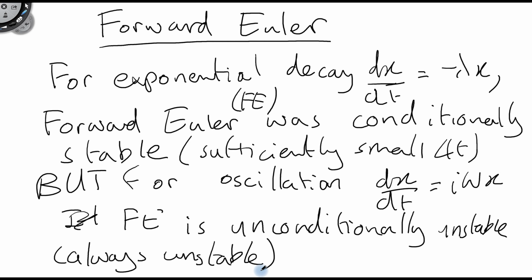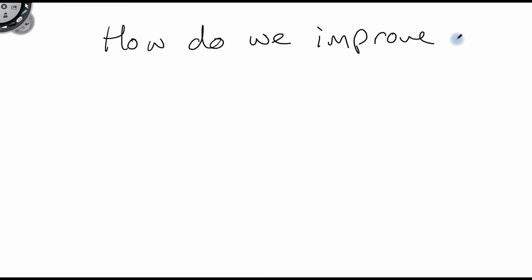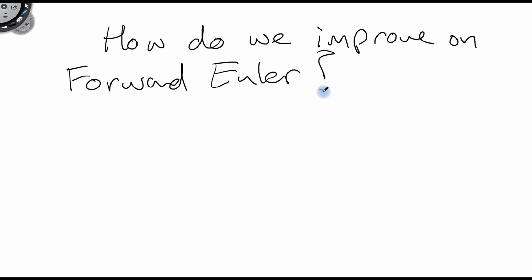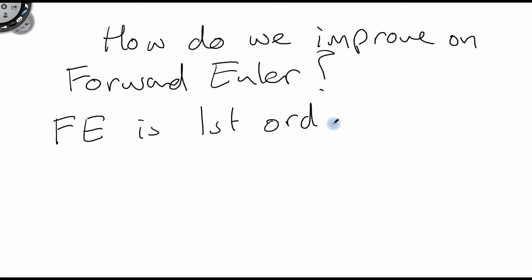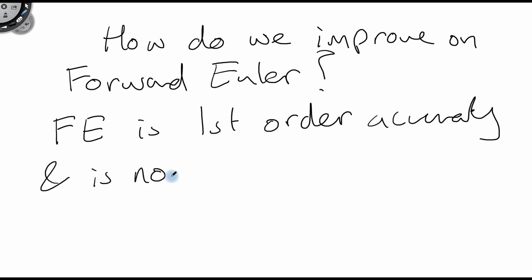So that leaves us with a big question then: how do we improve on forward Euler? We know that forward Euler is only first order accurate, so we can improve the accuracy, and it is not always stable.